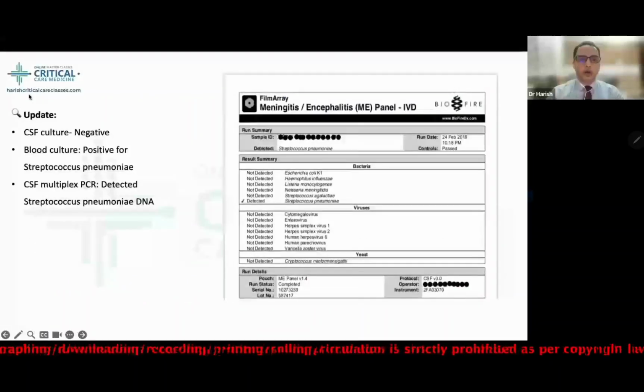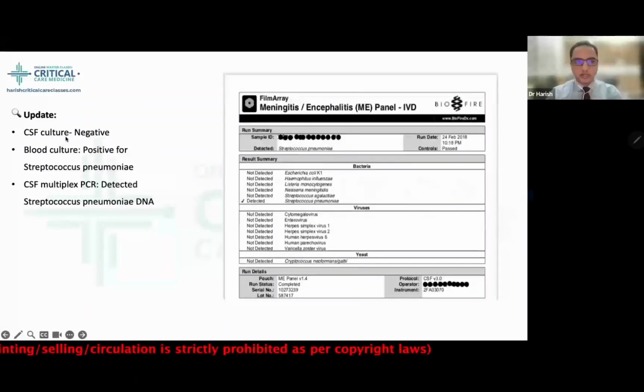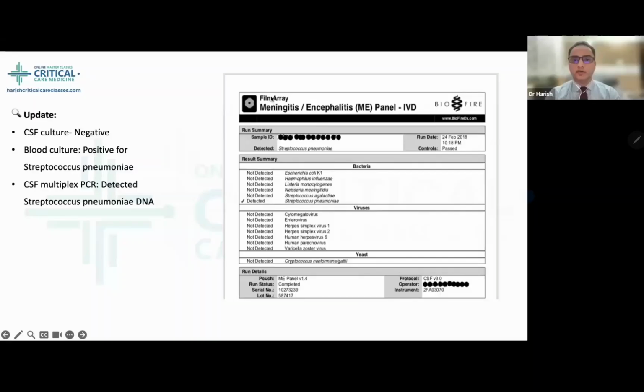So what we got in our young gentleman: the CSF culture came back negative, that is the routine conventional culture. Blood culture is positive for strep pneumonia. CSF multiplex PCR also detected strep pneumonia. This is the BioFire FilmArray which we sent, which identified strep pneumonia as the organism.